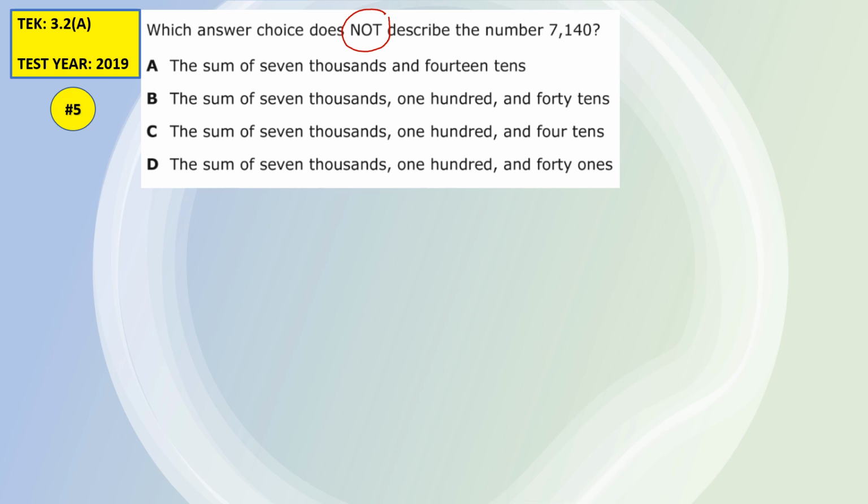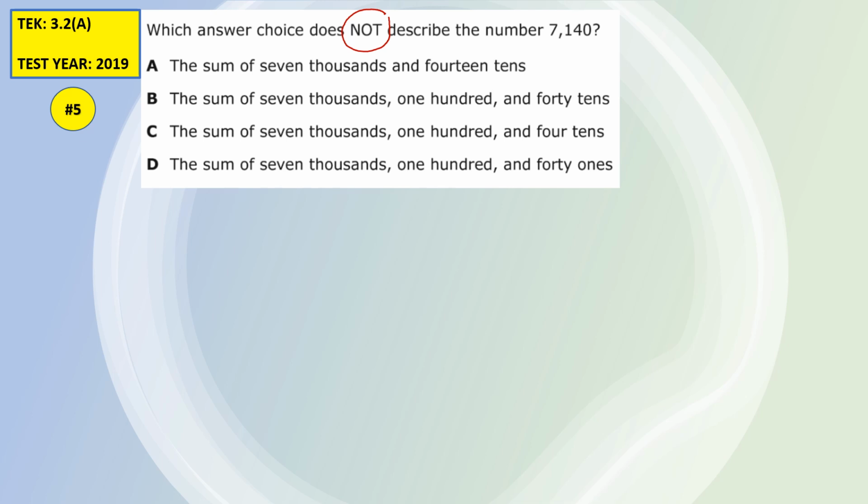So when making notations on your screen during the test, or even on your paper, always with these questions that have the word not in them, you want to mark your answer choices as true or false. That way you can determine which one you really want to use as your answer.